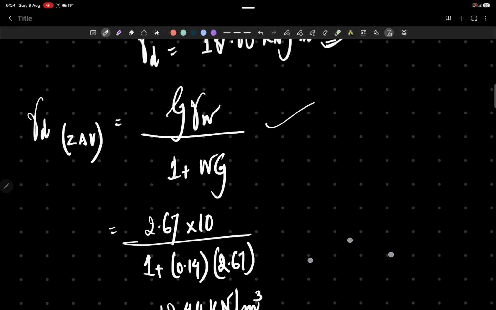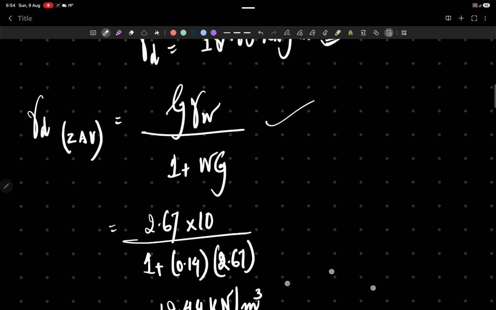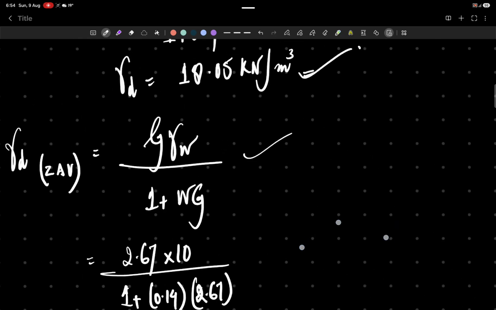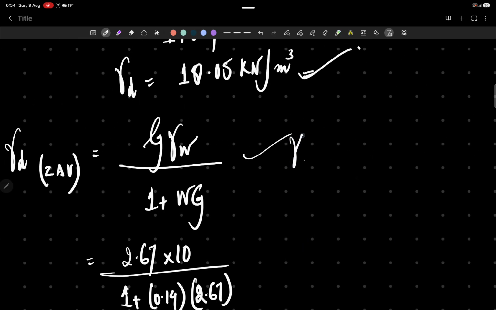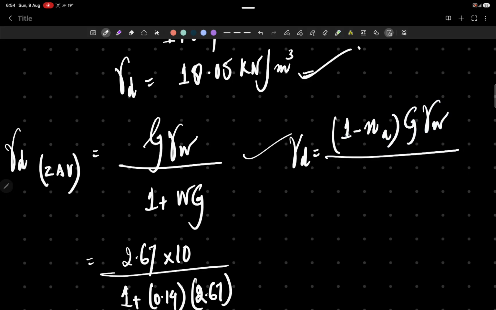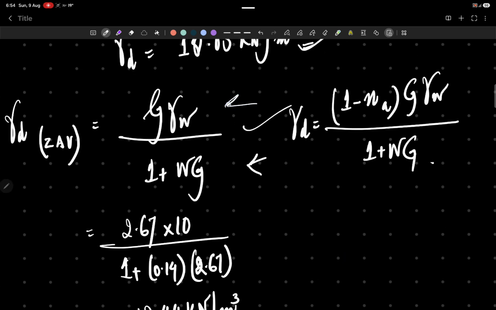All right, so we have calculated the dry unit weight at 0 air voids using this equation, because we know that the dry unit weight is equal to 1 minus percentage air voids, times G gamma W divided by 1 plus Wg. This is the generalized equation, and when air voids become 0, this equation becomes this.